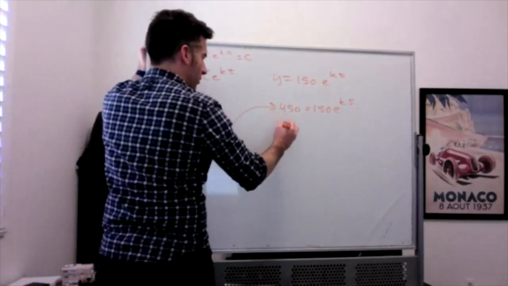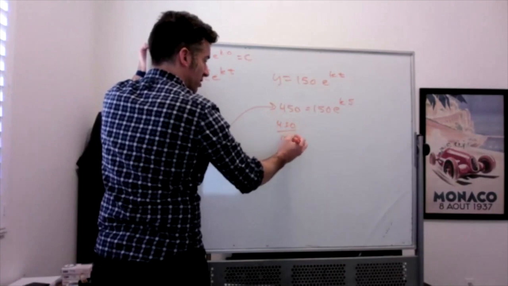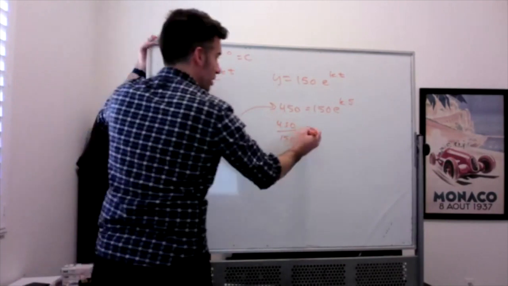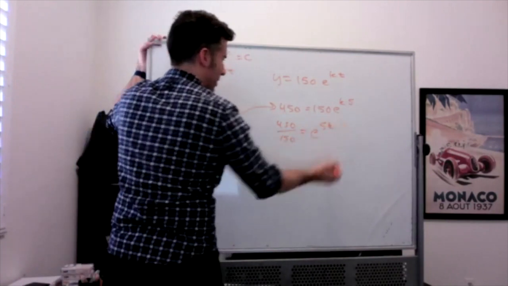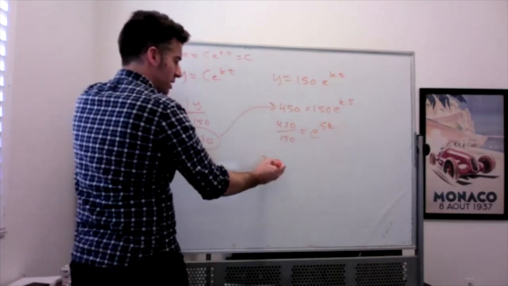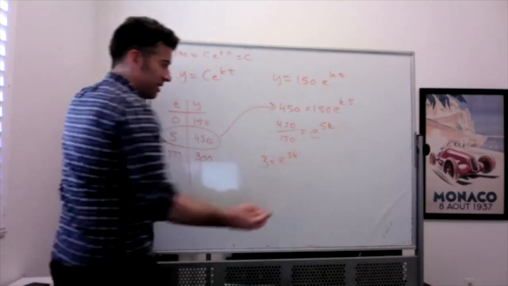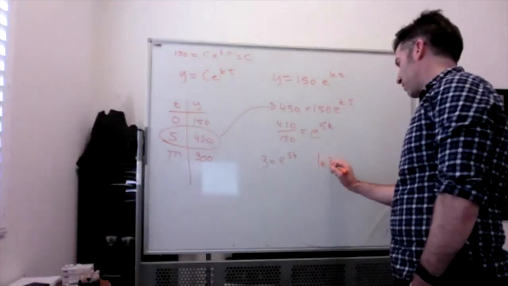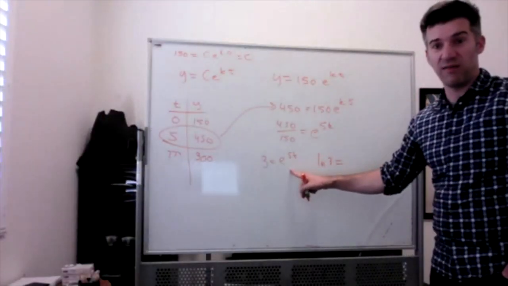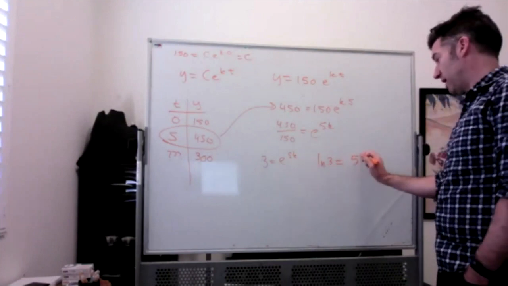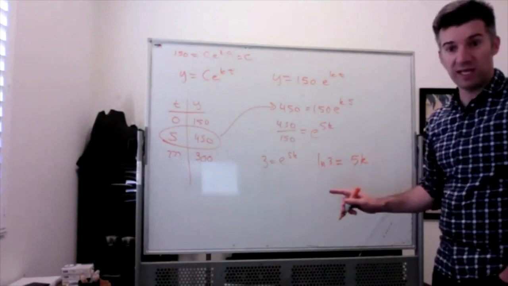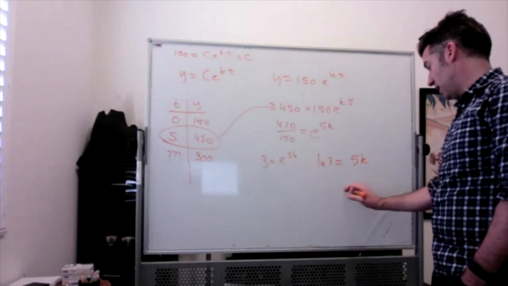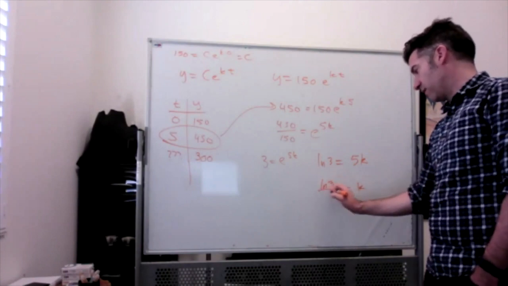So 450 over 150, which is 3, equals e to the 5k. So 3 equals e to the 5k. Take the natural log of both sides. So the natural log of 3 equals the natural log of e to the 5k, which is just 5k. Divide both sides by 5. So k equals the natural log of 3 divided by 5.